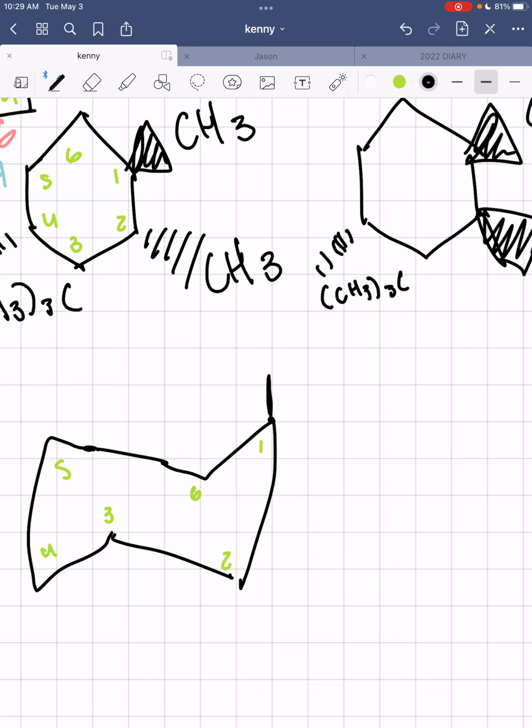So 1 starts like this, and then it always goes up, down, and then does the angled. I think that's right. Yeah, that looks correct.